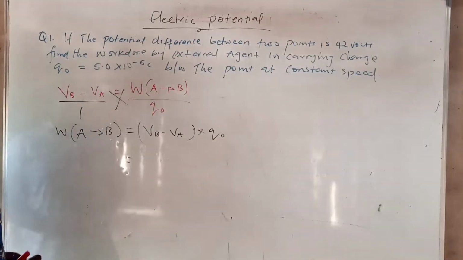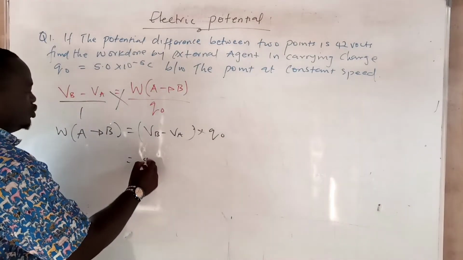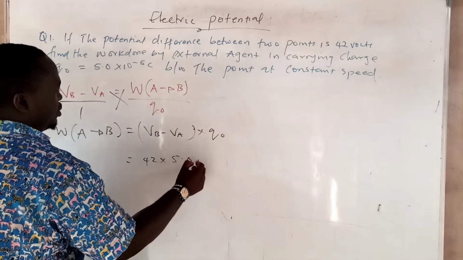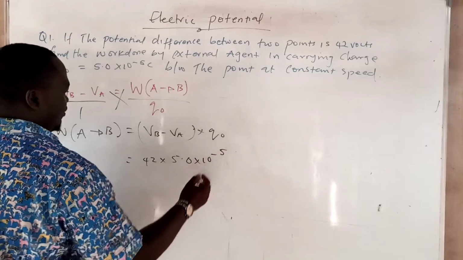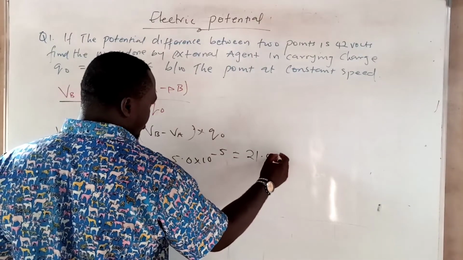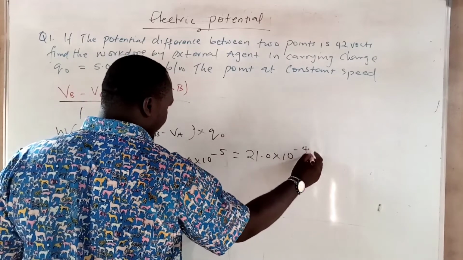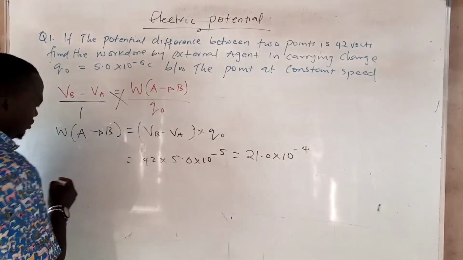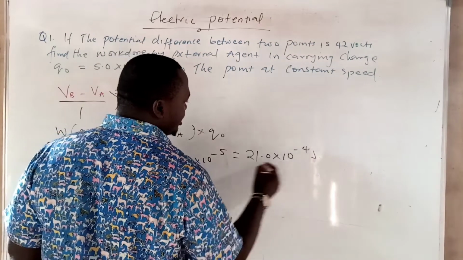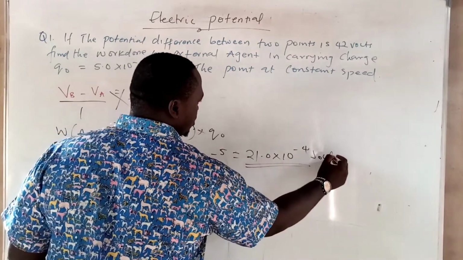From the question, the potential difference is 42 volts times the charge, which is 5.0 times 10 to the power minus 5. This should give you 21.0 times 10 to the power minus 4. Remember, what we are calculating is the work done, so the SI unit is joules.